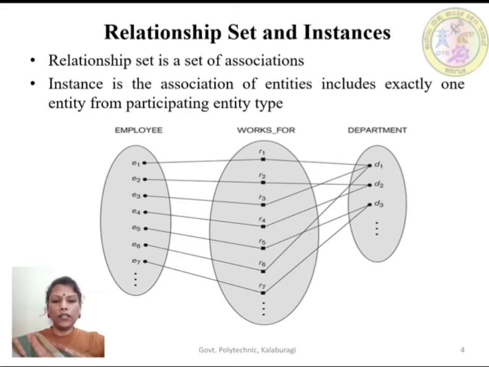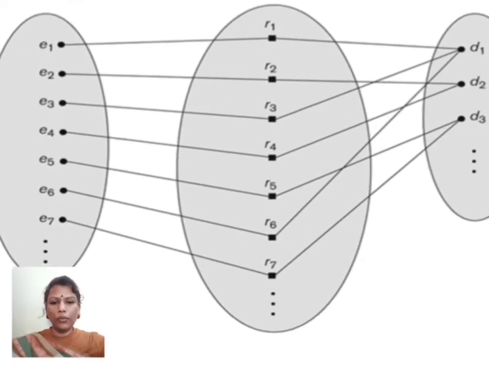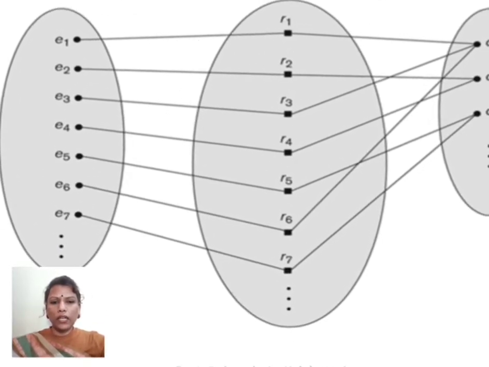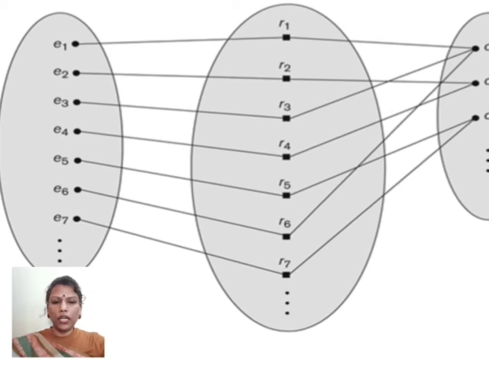Okay, see here, this relationship set is nothing but the set of associations. See here, works for is a relationship type, and inside this works for, we are having R1, R2, R3, R4, R5, R6, R7. These are the relationship set. That means these are the number of relationships that exist in the works for relationship type.